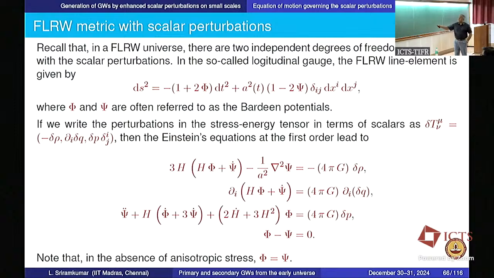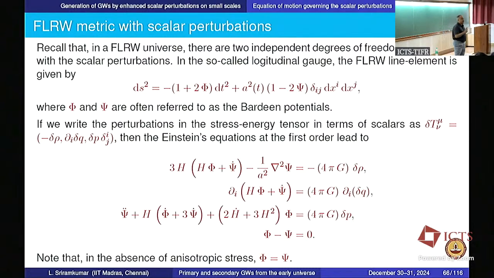And once you have the right-hand side, you can calculate the delta G mu nu associated with the metric, and all you need to do is write the first order Einstein's equations, and they are given by these expressions. And the important point to note is that when you look at the i not equal to j components, what they lead to in the absence of anisotropic stresses is that these Bardeen potentials become equal.